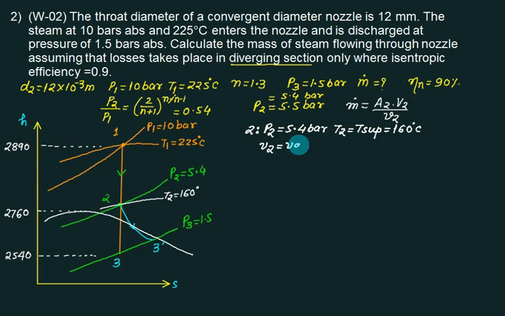V2 is Vg into T over T sat, where temperature is in Kelvin, so add 273, at 5.4 bar. Open your steam table, see 5.4, substitute this value and find V2 first.